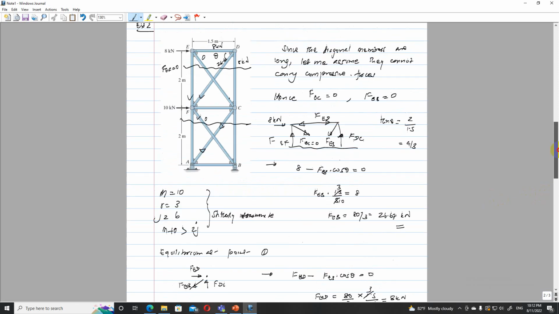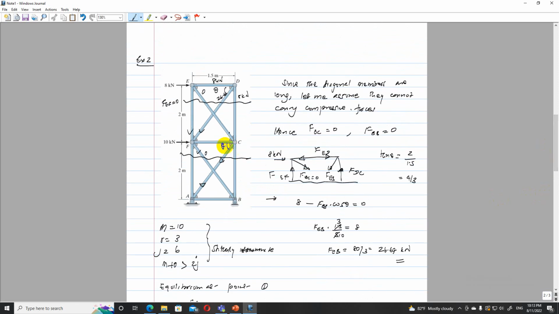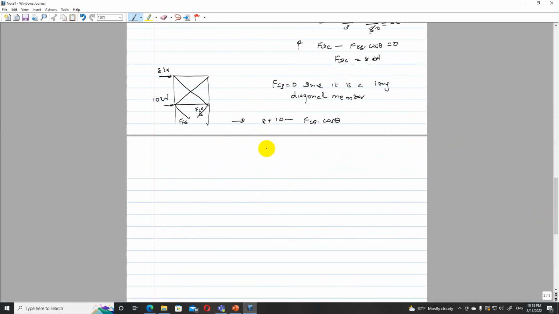So that is also theta, same as the previous one. Okay, so it's cos theta. So now what we are getting is equal to 0. FCA cos theta is 1.5 over 5, and that is equal to 18. So 3, 10, 6. So FCA is 60 kilonewton.